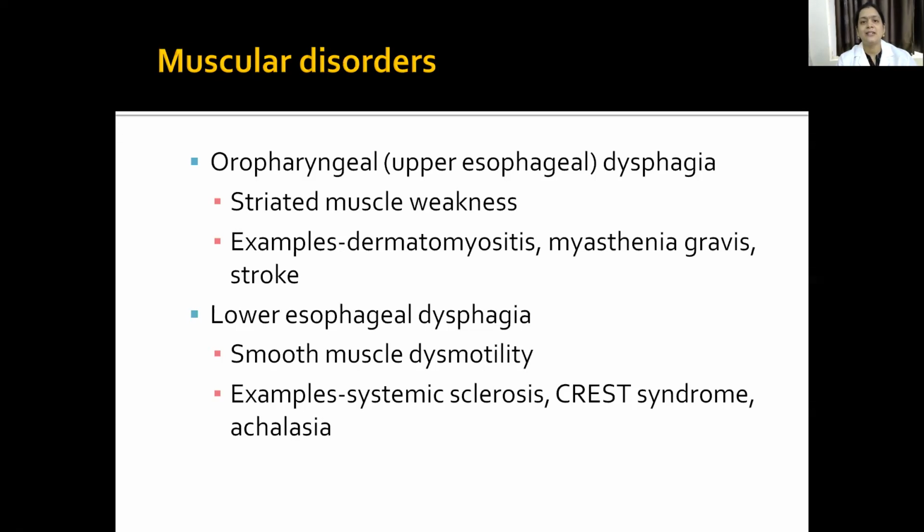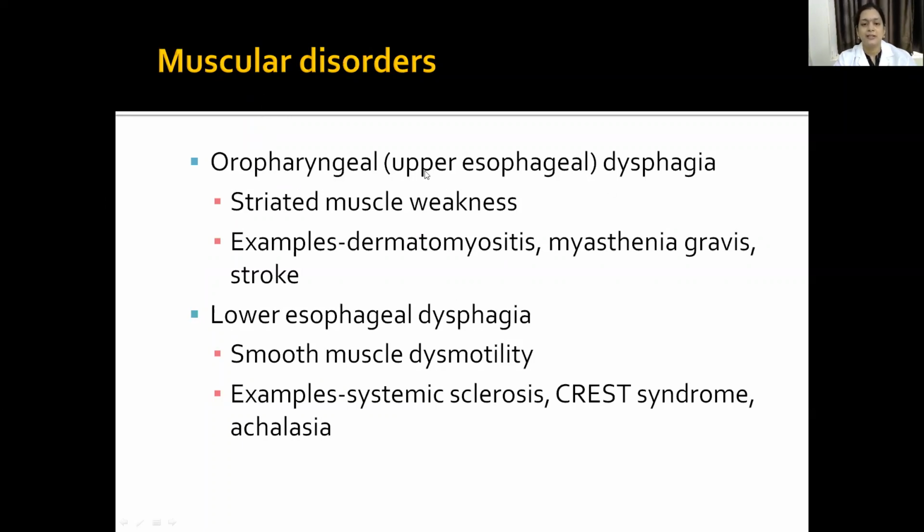If that doesn't happen, the food can be stuck at various places. Because of that, there will be dysphagia. And whenever there is more ingested food held at different levels, that will again cause inflammation of the esophageal mucosa. So that's the reason we have to know about the muscular disorders.